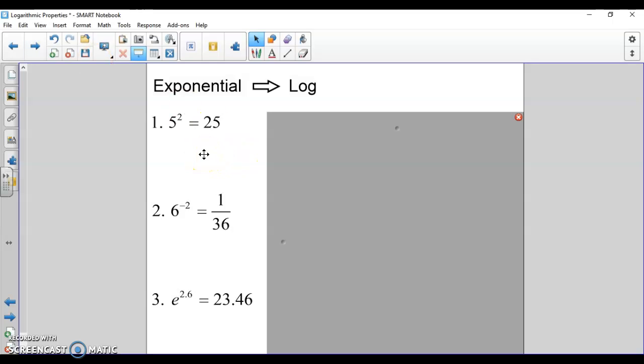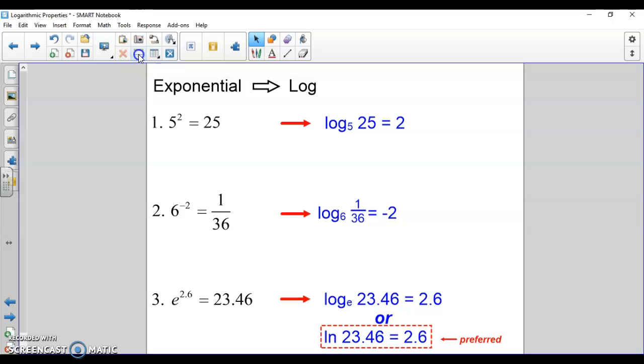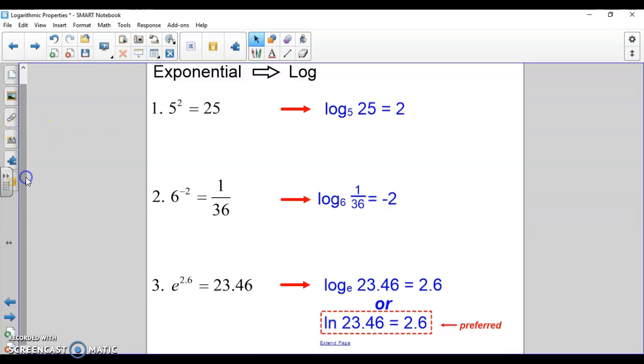Exponential log form, nothing really to write here. First two are just 100% review from a couple weeks back. Log base 5 of 25 equals 2. Log base 6 of 1/36 equals -2. Now, thing here on the last one, we have two answers that I would 100% take.